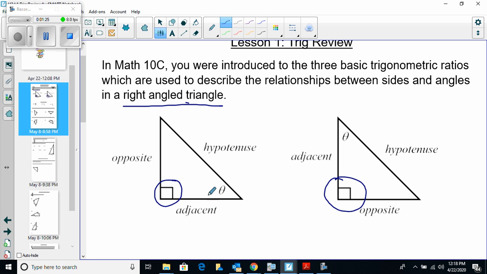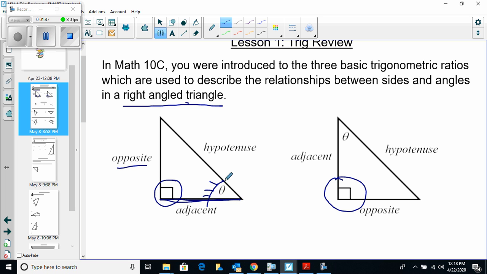So if on the first triangle here we have this angle theta that we are looking at, the side that is opposite to the angle theta is called the opposite side, and the one that is supporting the angle is called the adjacent.